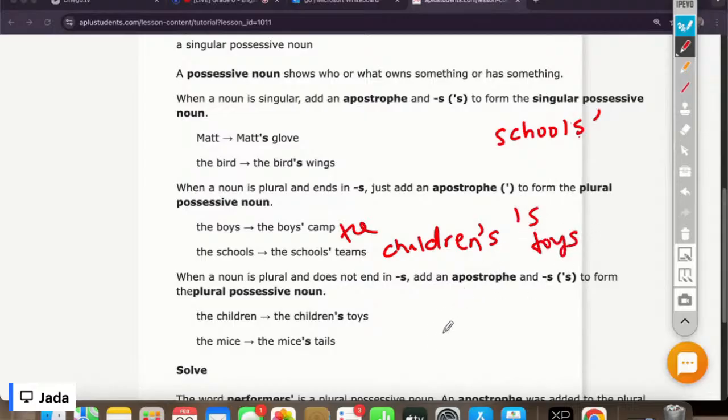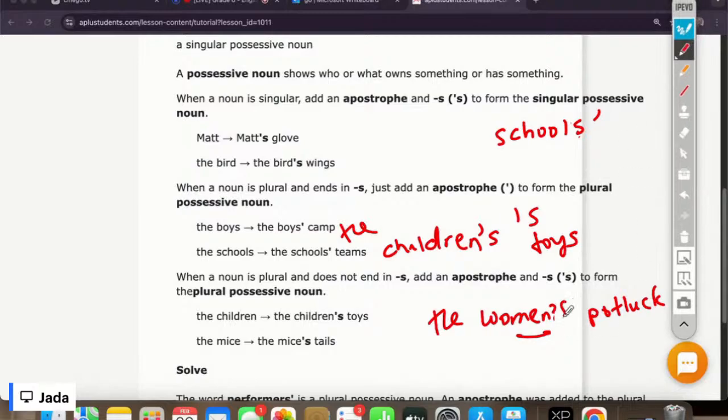Now we can also have, for example, the women's potluck. Women is already a plural noun that doesn't end with s. So you put your apostrophe, then you put your s. So the women's potluck. It could be the men's games night.